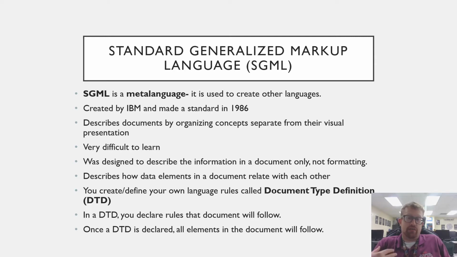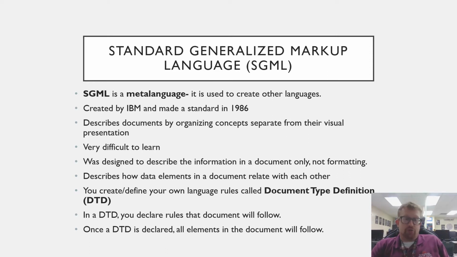So essentially, it would take the content and concepts of the code and separate them from how it would look. It was very difficult to learn and was used to describe the information in a document only. It had zero formatting. The way that it did it was it described how data elements in a document would relate with one another. So if there was stuff in this document, it would describe how they're interrelated and connected.